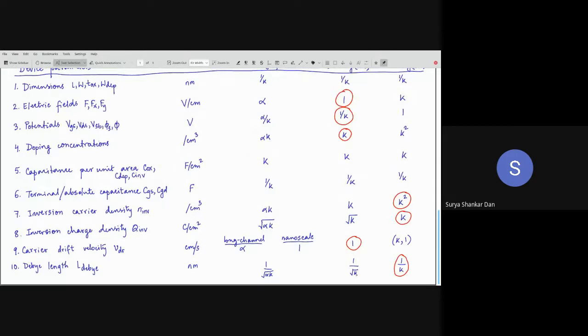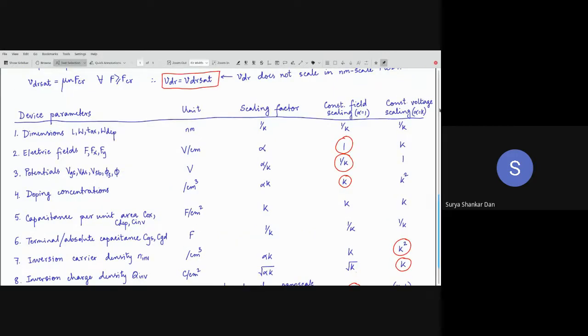On the other hand, when we are speaking about constant voltage scaling, when alpha equals k, remember, we don't bother about going for constant voltage scaling anyway. Today things will become much clearer when we look into the influence of scaling on circuits, which is even more problematic, as we will see.